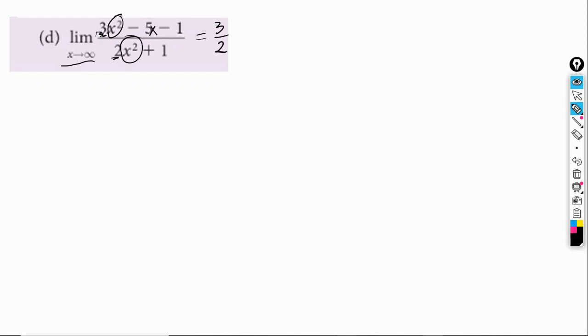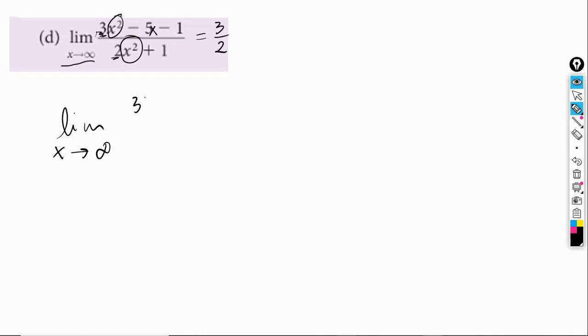Now, unfortunately, this is not how we're going to do this because they are asking us to do it algebraically. So I'm going to show you guys how to do it algebraically. If we do this algebraically, you use a very simple trick. So you go limit as x approaches infinity, and we can rewrite this and divide everything by x squared.